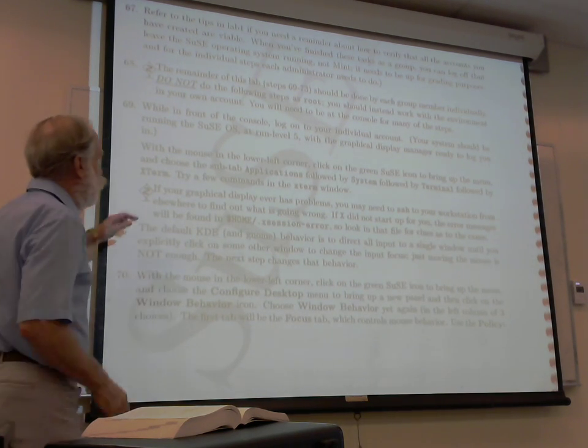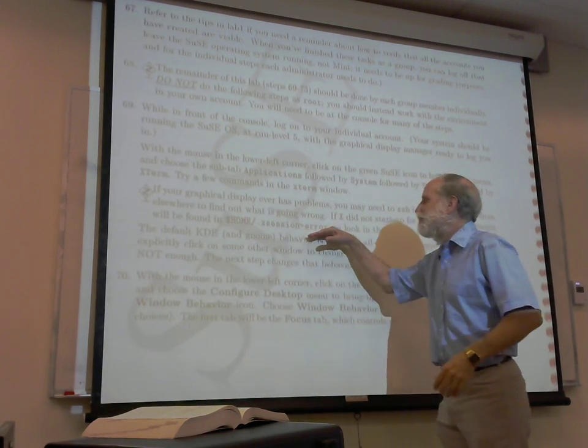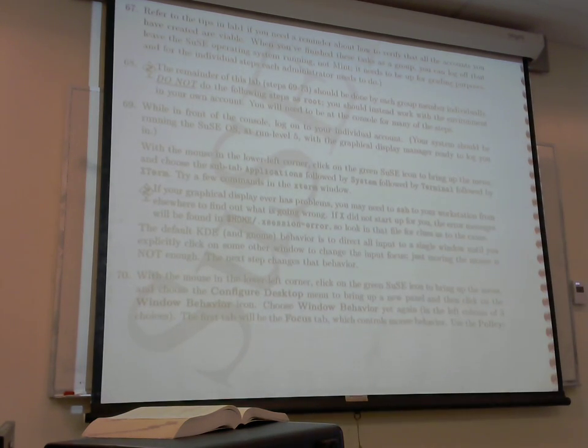All right. Now, when things do go wrong, the place to look is this X-session error file. It's going to be there whether or not things went wrong. It's basically a report of everything that happened as it was trying to bring up X, and also everything that happened when you exited from the shell.